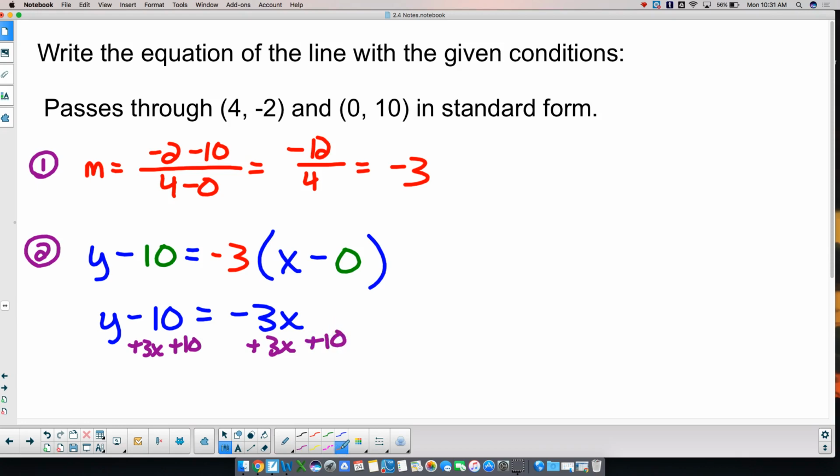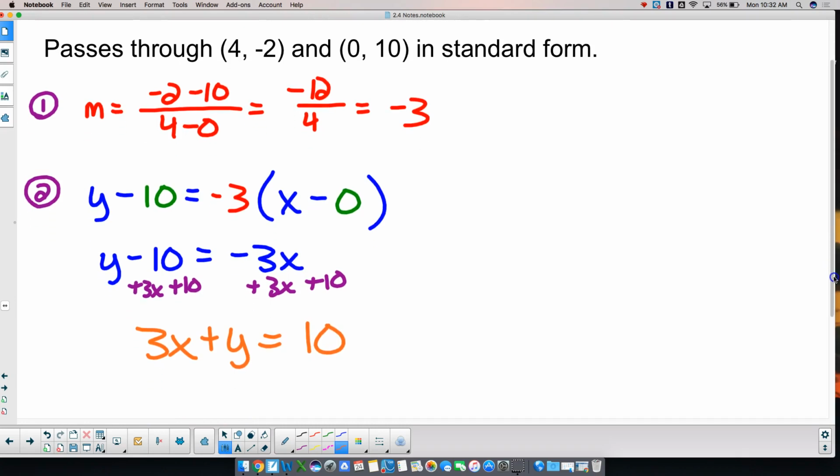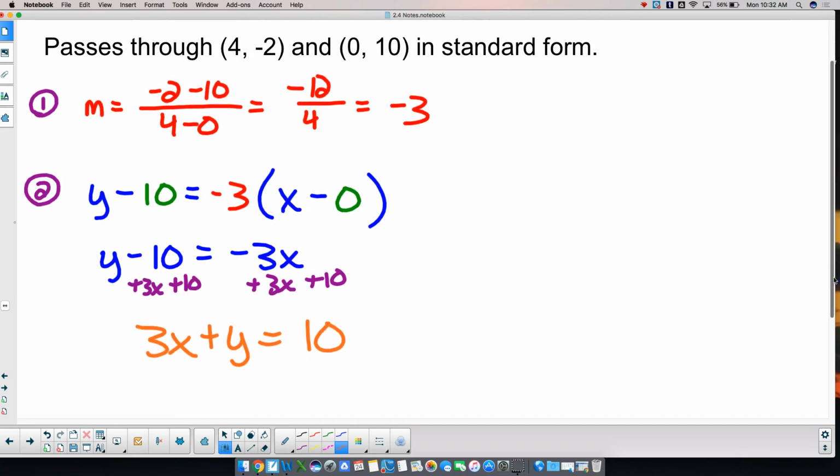So then that gives me 3x plus y is equal to 10, and that does not have any fractions, it does not have any decimals, and it has a positive a value, so that is my standard form.